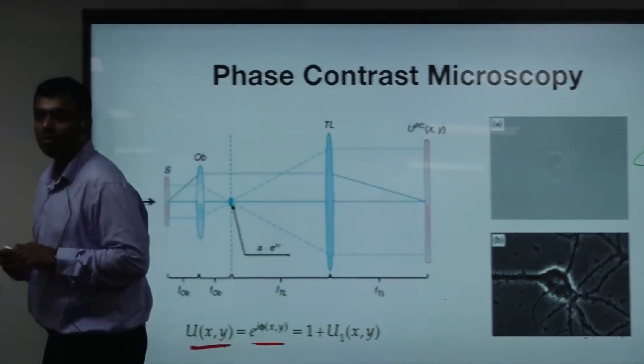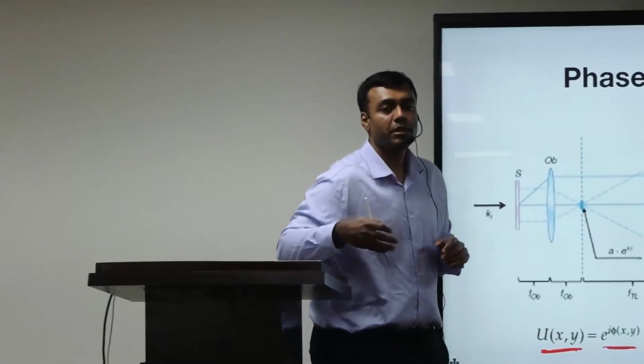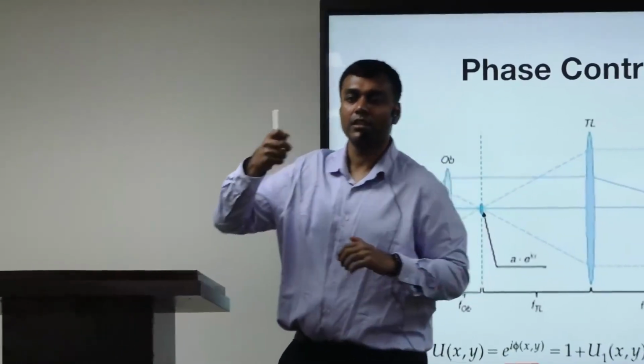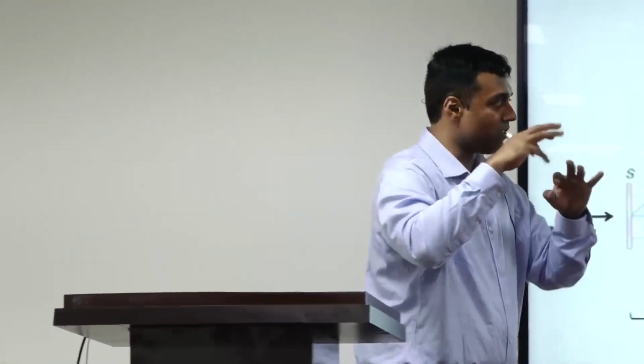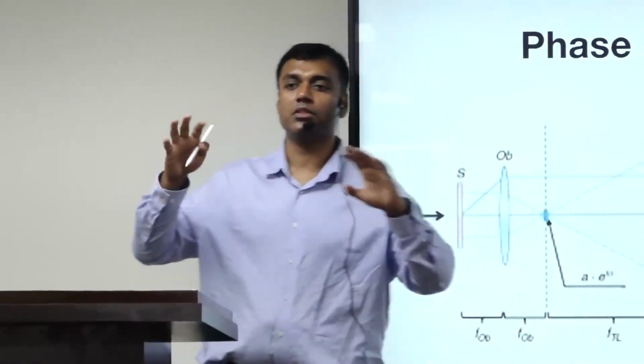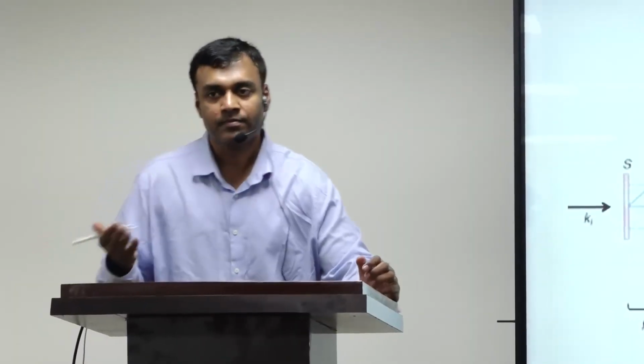If you want to see the cell, previously people used to put some chemical like a dye or a stain or a fluorophore, which changes color and attaches to the different parts of the cell and shows a color. But the process of putting this chemical usually kills the cell.